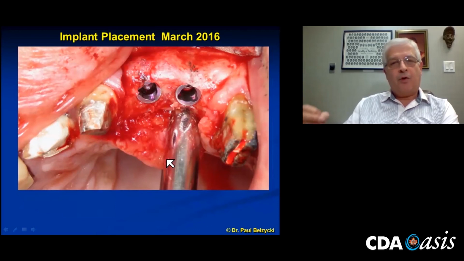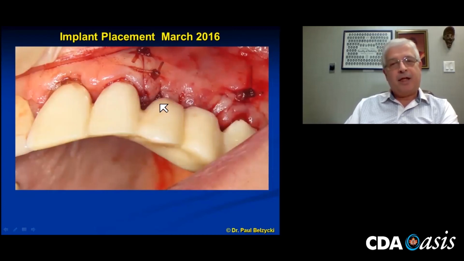I want to know what those implants look like the second they're put into place, so I can have this diagnostic radiograph, this diagnostic photograph later on. Should there be a problem, we don't scratch our heads and say, geez, what did that look like the day it was inserted? Now I know what it looked like the day it was put in, and if there's a problem later on, it's good continuity of care.